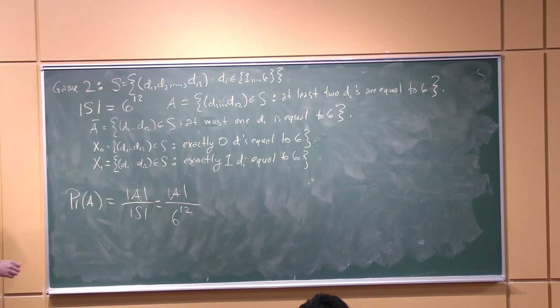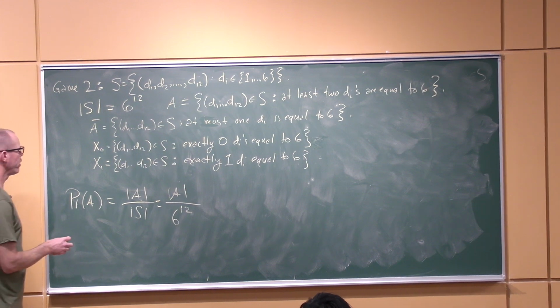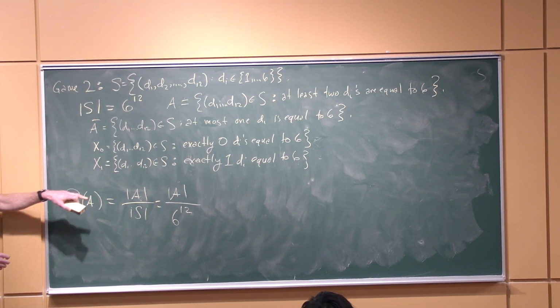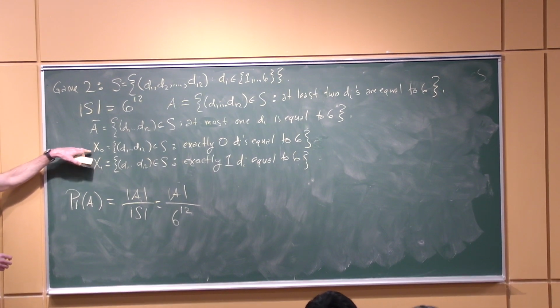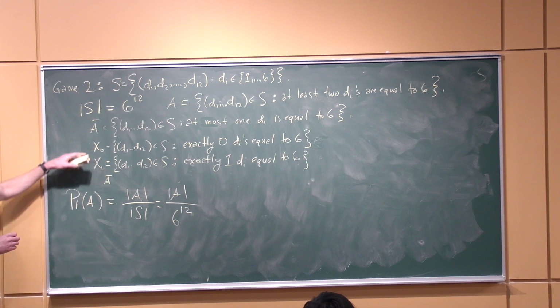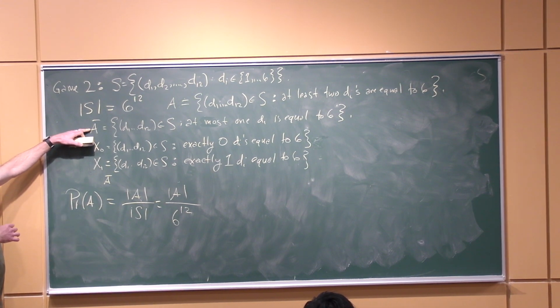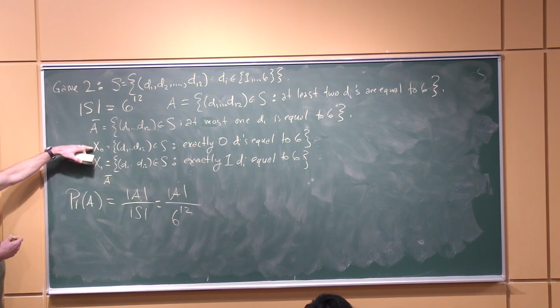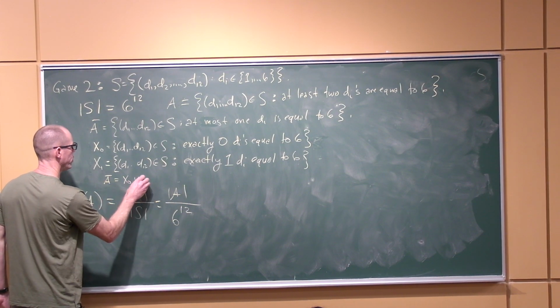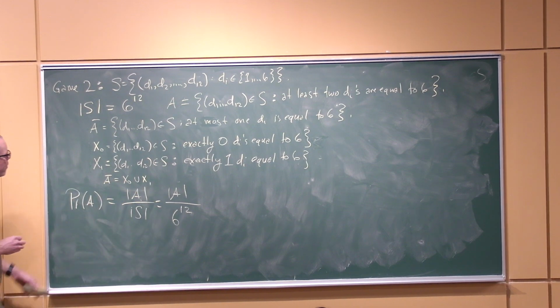Because we know that A bar is the union of x0 and x1. So A bar, if there's not at least 2, then there's at most 0, or exactly 0 or exactly 1. So A bar is x0 union x1.